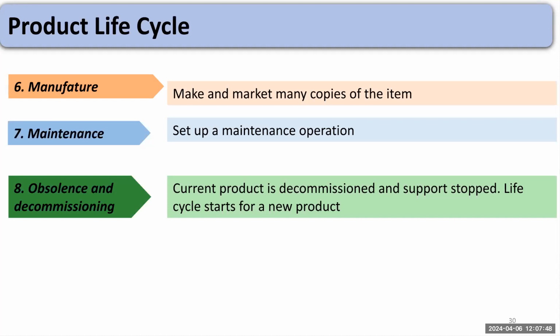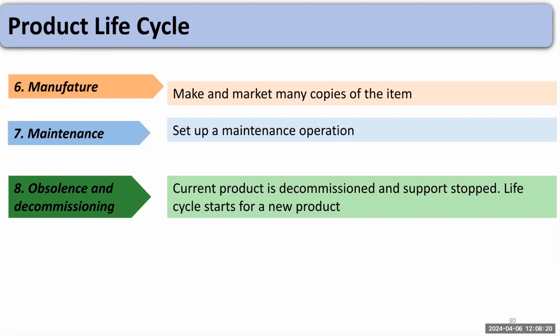The other is obsolescence and decomposition. Obsolescence is, after several years or several months, every product becomes obsolete. Means the customer may need different products. That is the people's nature. That is how actually our nature is.